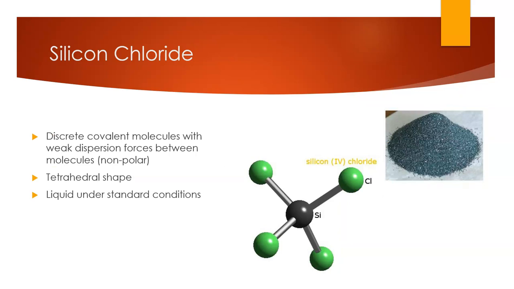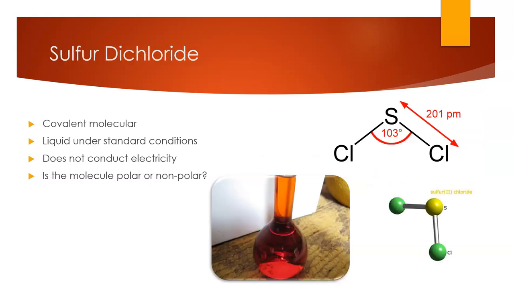Silicon chloride, as we're shown here, has a tetrahedral shape. It therefore forms discrete covalent molecules with weak dispersion forces because it is non-polar. It's typically a liquid under standard conditions. Sulfur dichloride, again, is covalent molecular.